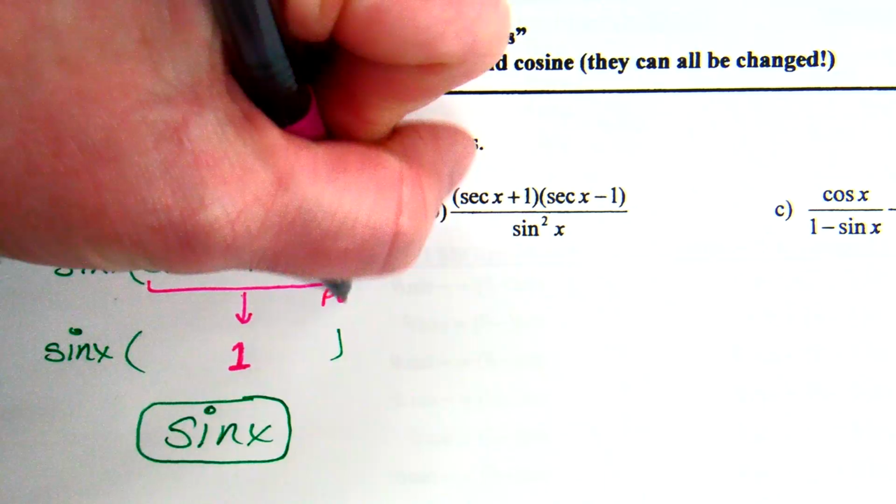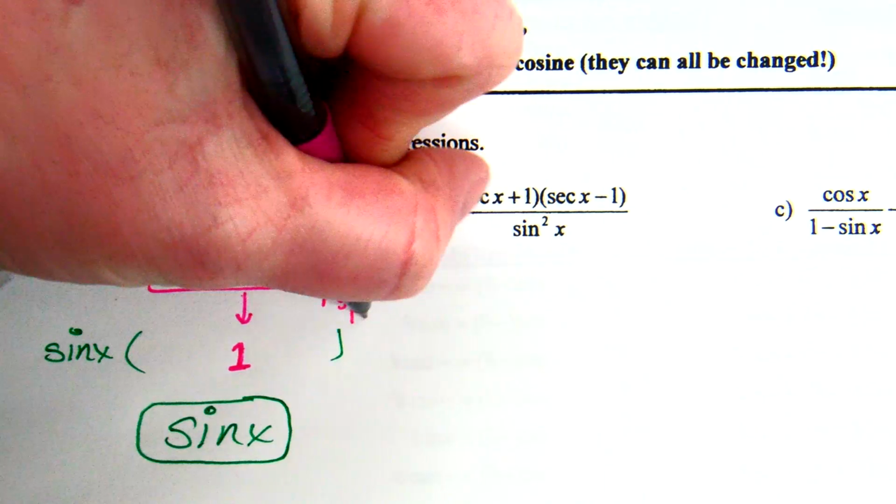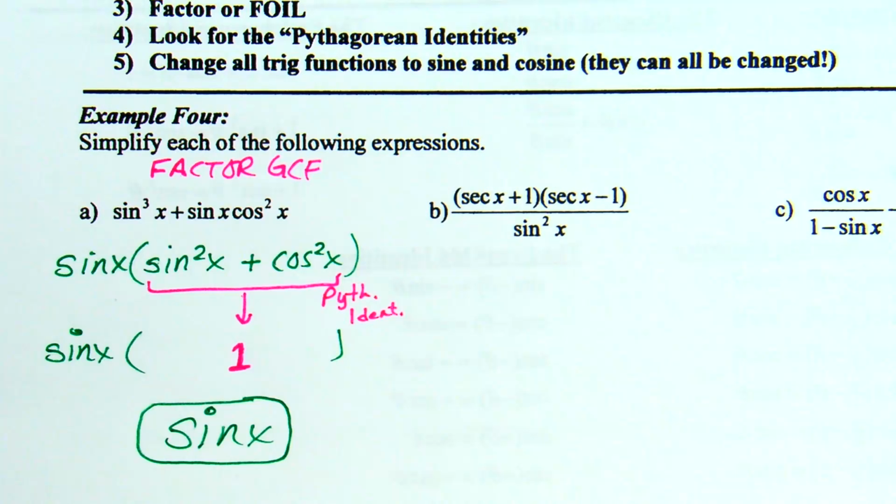I used a Pythagorean identity. Or if you ever see me write or say PI, Pythagorean identity. Write something down so when you look at this later, you can figure out what we did to magically get to an answer of sine x.